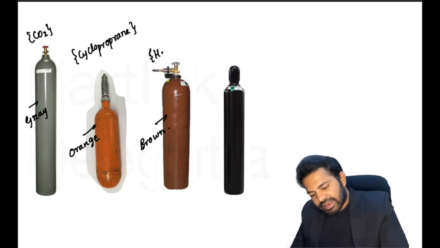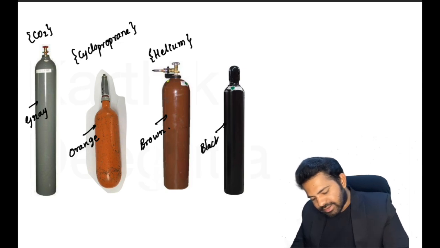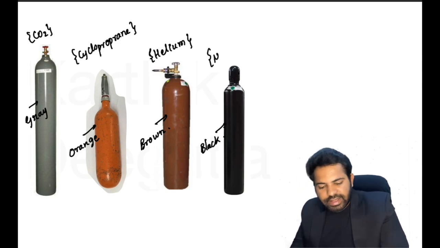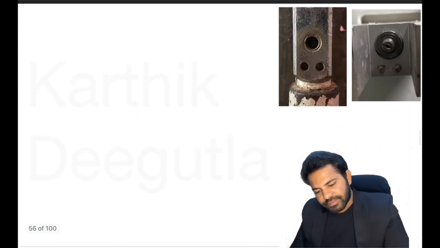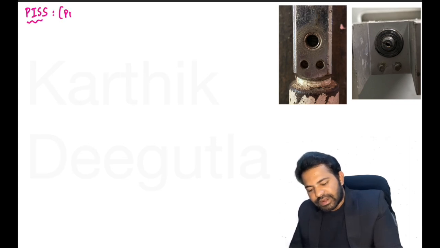The gas is helium. Then here you can see a black cylinder. The gas is nitrogen. Okay. Then let's move on to a very important topic, the PISS, the pin index safety system.